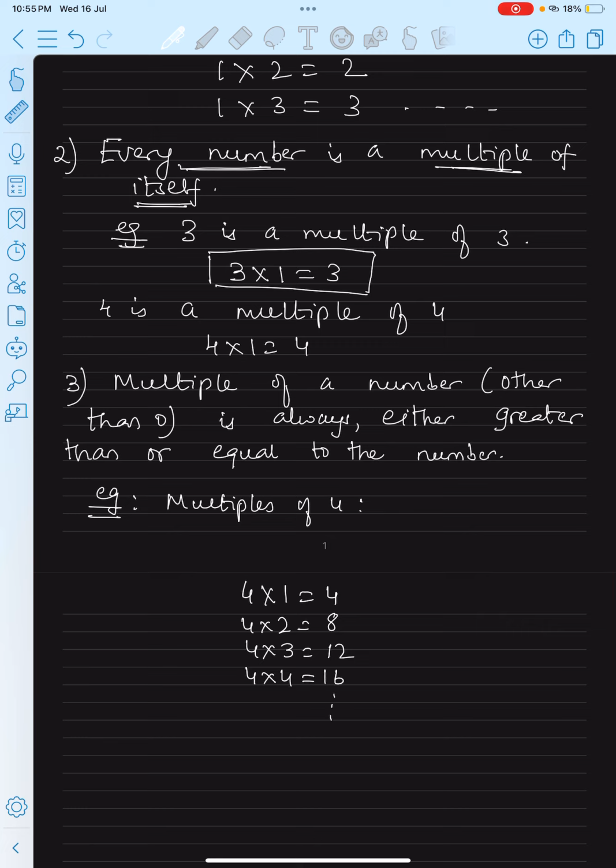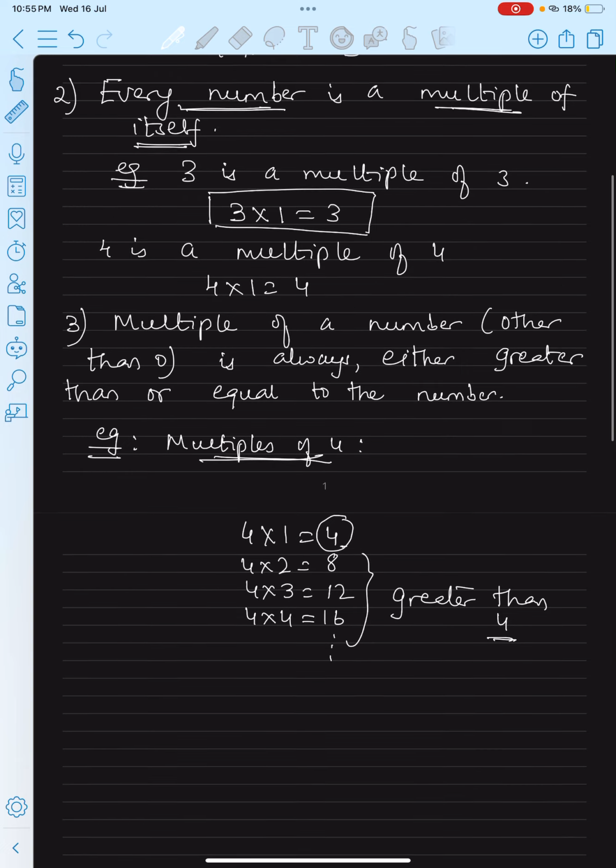Now, the first point, that multiple of a number means this is either greater or equal to the number. If I say multiples of 4, the first number is equal to 4 and other all are greater than 4. So, we justify the statement that multiple of a number is always either greater than or equal to the number.